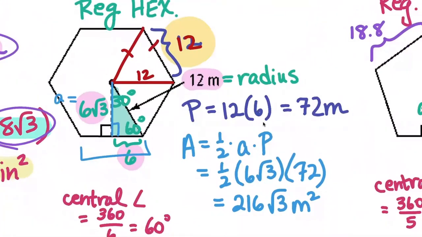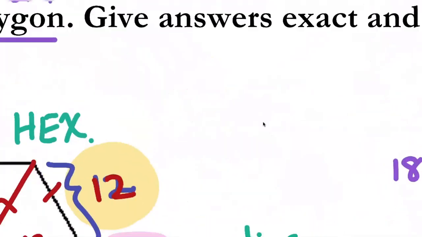The area is 1/2 apothem perimeter. 1/2 apothem times the perimeter that we found up here is going to give us 216 root 3 meters squared. Now, another option in a hexagon, and this only works on a regular hexagon, okay, this only works on a regular hexagon.